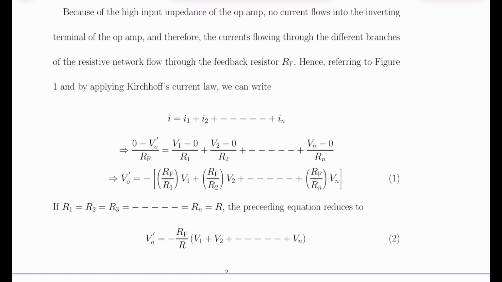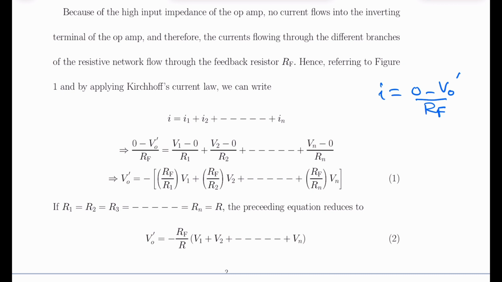So the current I will be equal to 0 minus V naught dash upon Rf. This is equal to V1 minus 0 upon R1 plus V2 minus 0 upon R2 plus Vn minus 0 upon Rn, or V0 dash is equal to negative of Rf upon R1 into V1 plus Rf upon R2 into V2 plus Rf upon Rn into Vn.